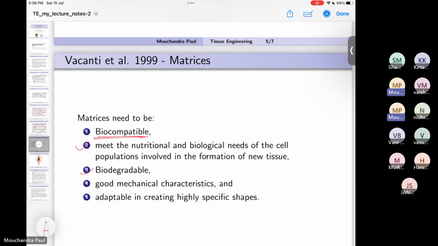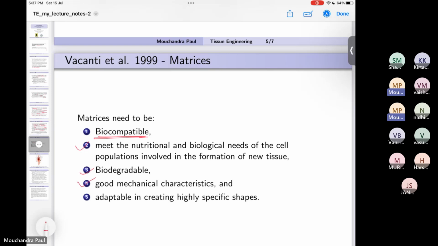The cells will release enzymes, proteolytic enzymes, and cause biodegradation of the polymer or your metal, etc. and so the byproducts will definitely flush out from your system, either through your kidney or through your lungs, etc. So this is the trend. That is why people want their matrices to be biodegradable. It is much less painful for the patient who is undergoing this kind of treatment.